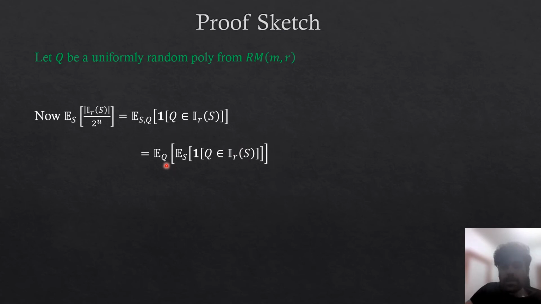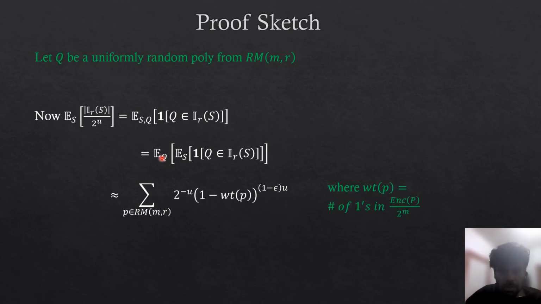But that is the same as asking whether these k random points that I have chosen all lie in the zeros of the polynomial q, right? So because of this interpretation, we can now start to enumerate over all possible polynomials in RMMR. Say we choose a polynomial p. Then firstly, what is the probability that we actually choose it as a value for q? Well, that's 2 power minus u, because q was being chosen uniformly at random from RMMR.